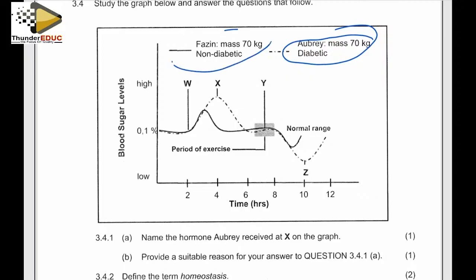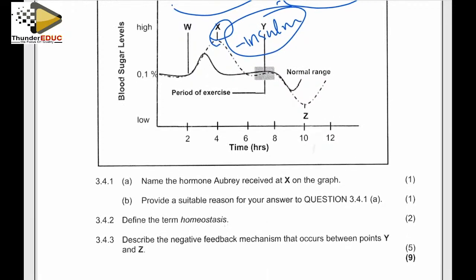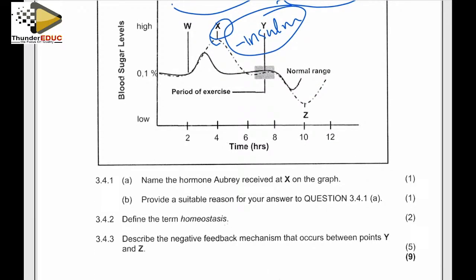This one is diabetic, and this one is normal. If there is too much sugar in Aubrey, you have to introduce insulin, meaning that they introduced insulin there. Provide a suitable reason for your answer. The level of glucose was high, therefore when you introduced insulin, insulin stimulates the conversion of glucose into glycogen, and then the level of glucose dropped or went back to normal.